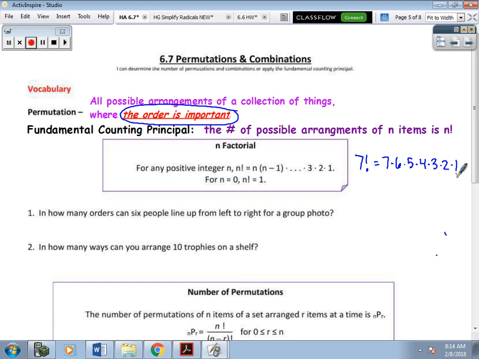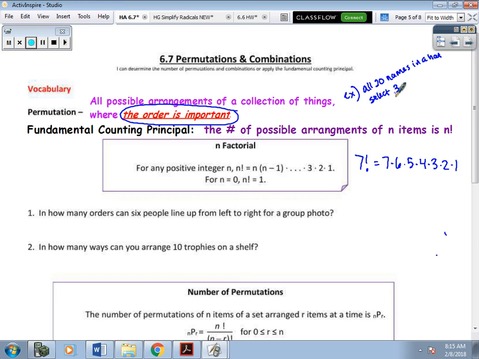All right, now my example for the permutation is, let's say that I put all of your names in a hat. Let's just say there's 20 of you in here, but I don't think there are. I'm going to select 3 of you.